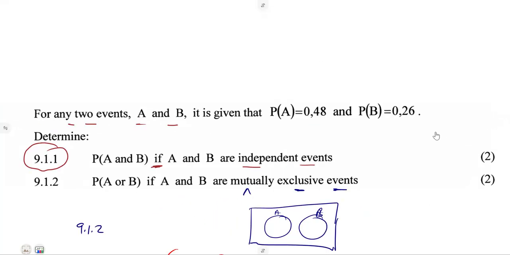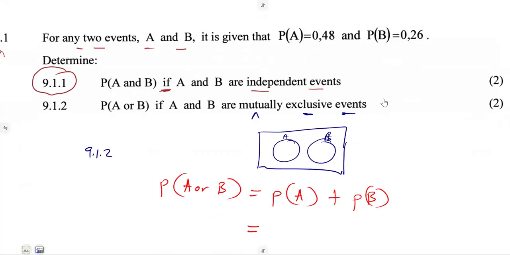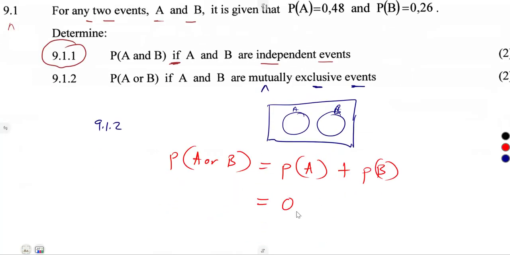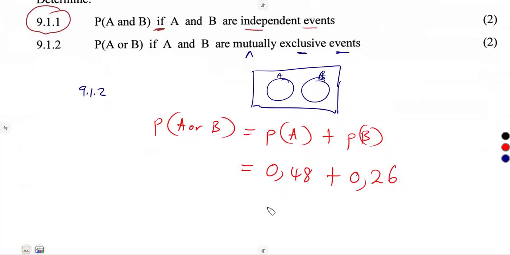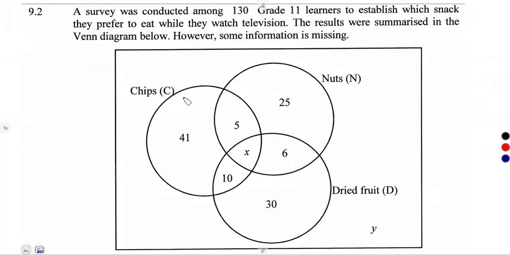A is there, and B is there. Just add the two: 0.48 plus 0.26. Adding these two, we have the probability of A or B, provided that they are mutually exclusive events, and that is 0.74.